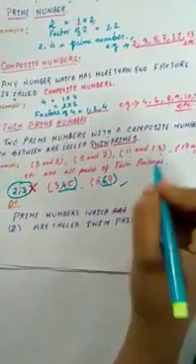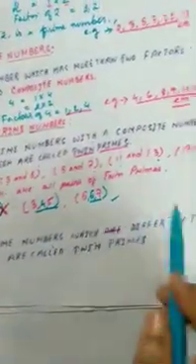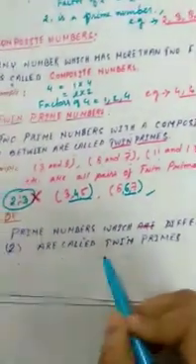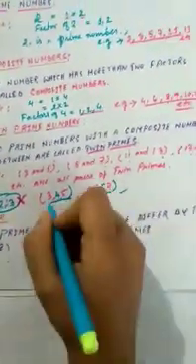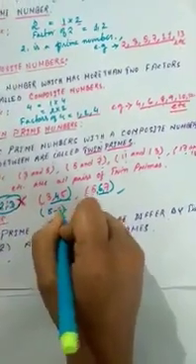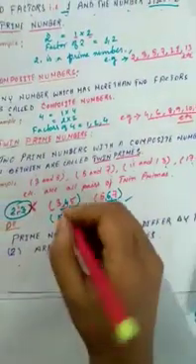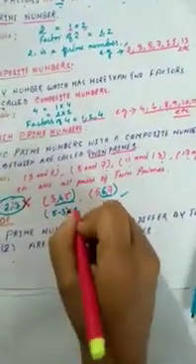Fine children, and we can define it another way: prime numbers which differ by 2 are called twin primes. If you see here, 5 minus 3 gives 2. So the difference of twin prime numbers will be 2.